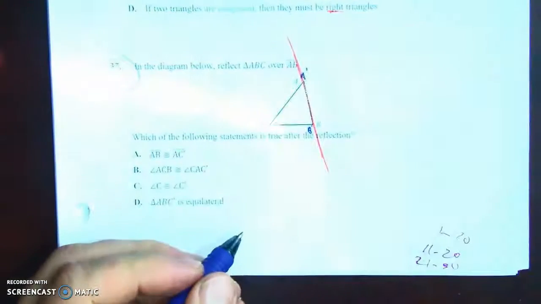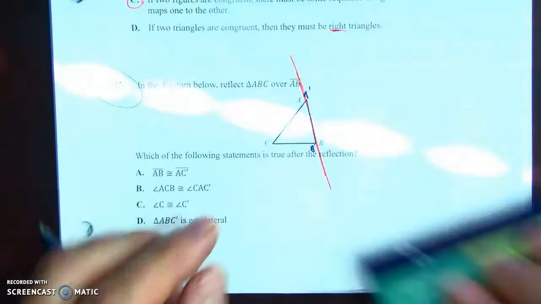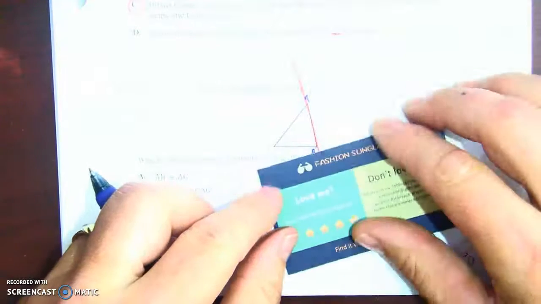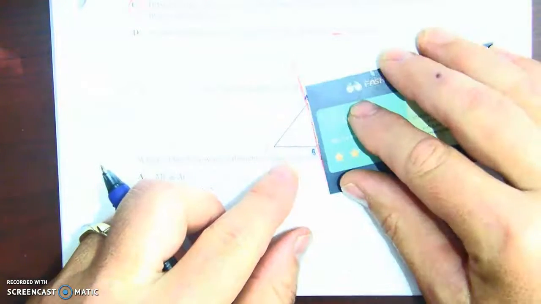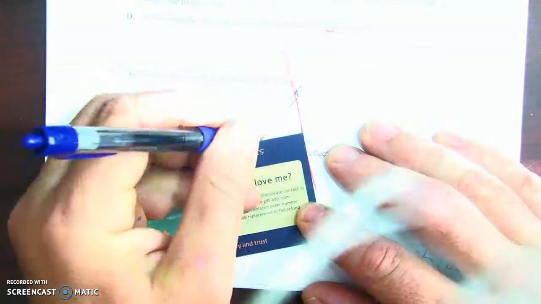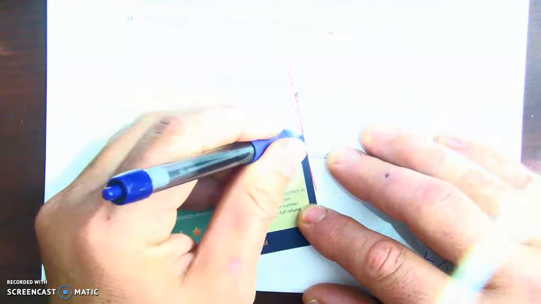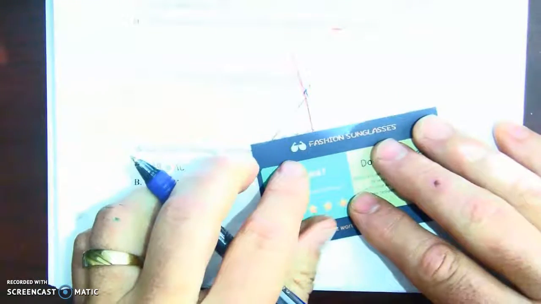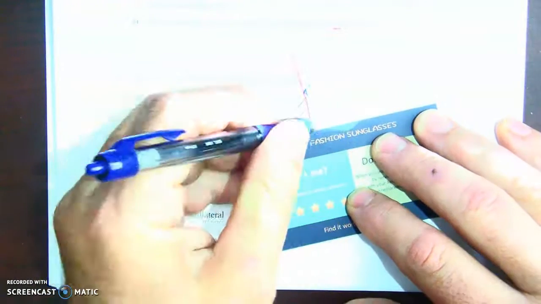The only thing that needs to change is C, and C needs to be perpendicular. So I'm going to put C here. We're going to go perpendicular along that line, and I'm just going to draw a dashed line, a dashed line going this way as well.